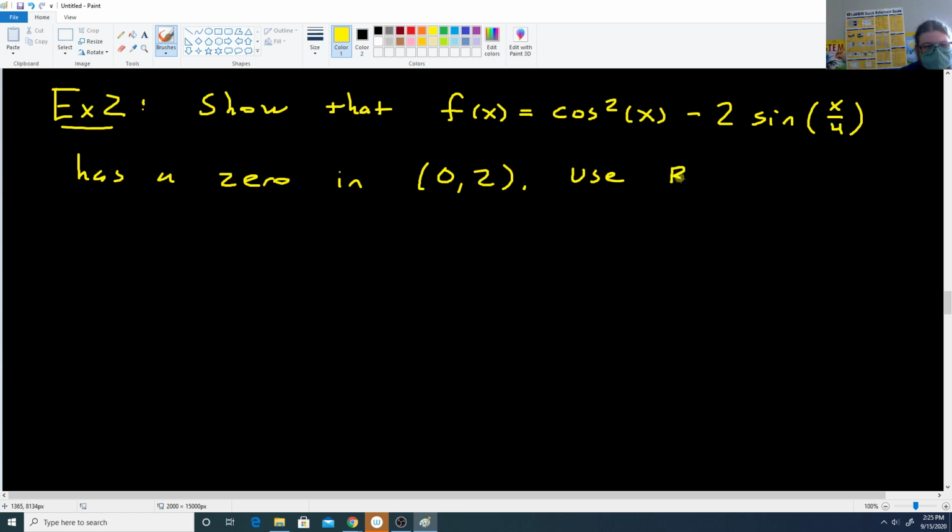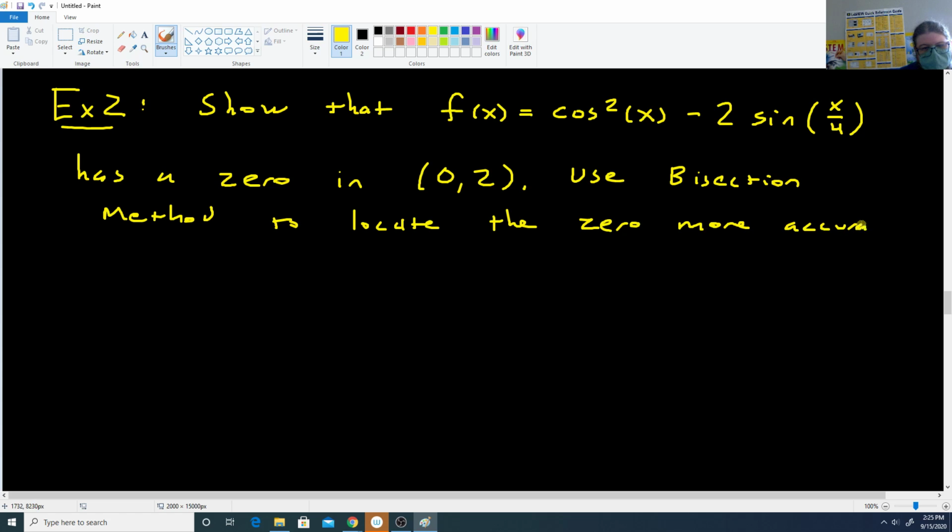So use the bisection method to locate the 0 more accurately. Basically, the bisection method says we know the 0 is in 0 to 2, then we'll cut that interval in half, and the 0 will have to be on one side or the other.